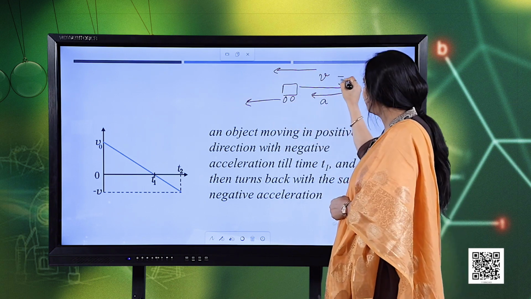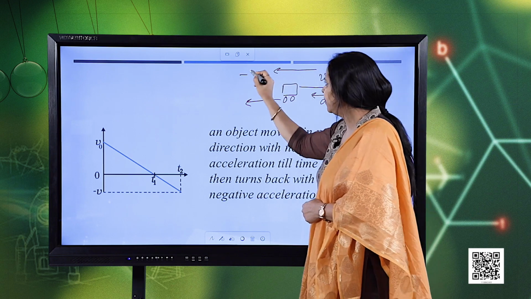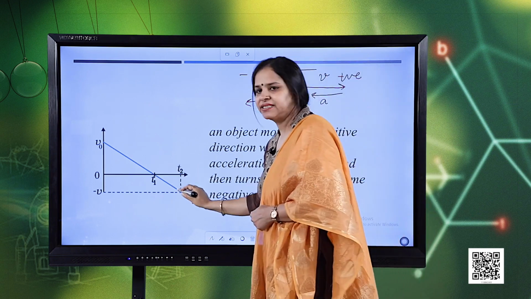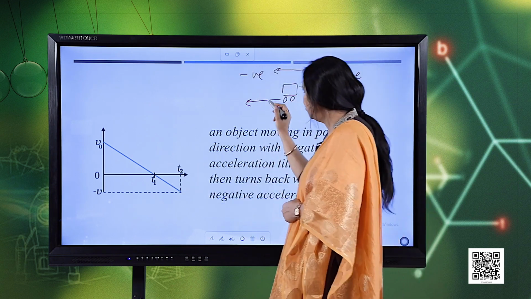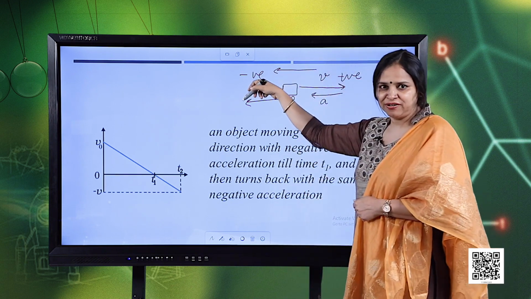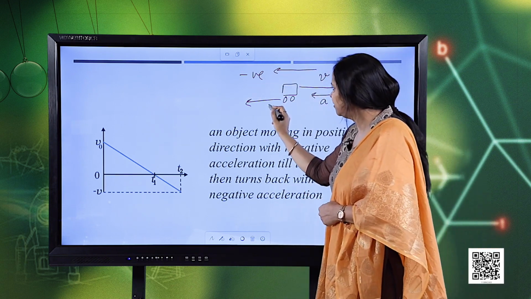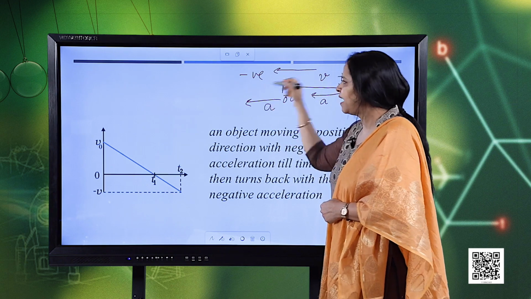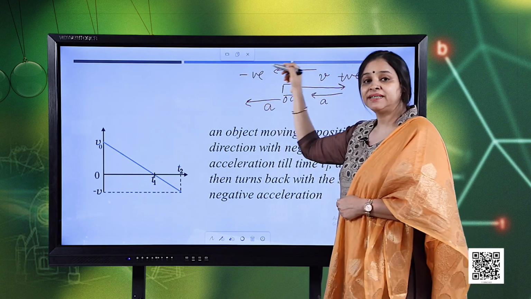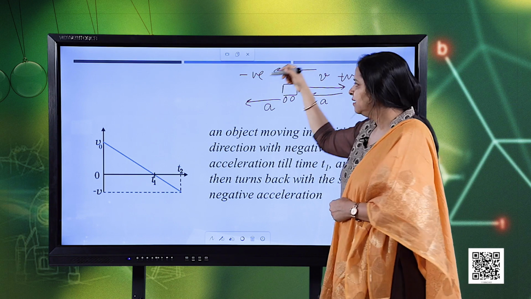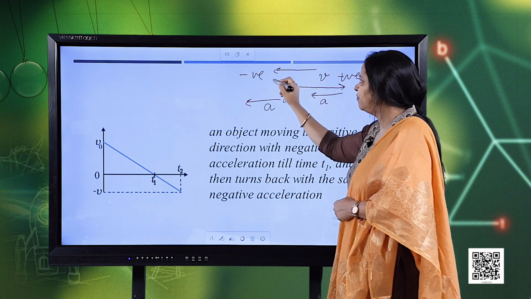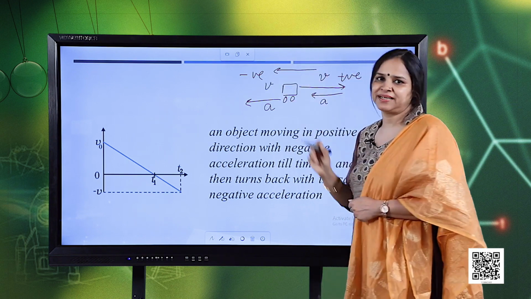Initially, it was in the positive direction, but now it has turned to the negative direction as we have seen here. By turning the direction of the velocity, both the acceleration and the velocity are in the same direction now.